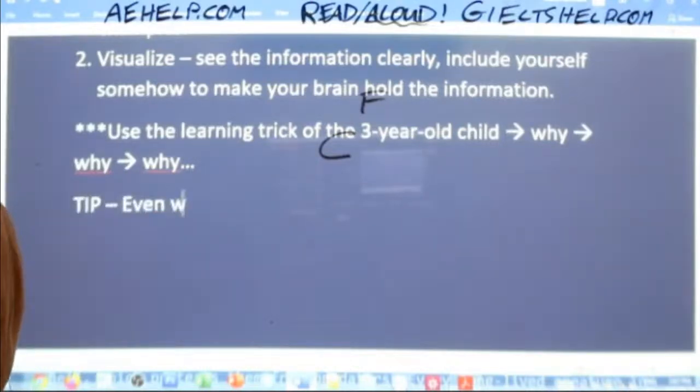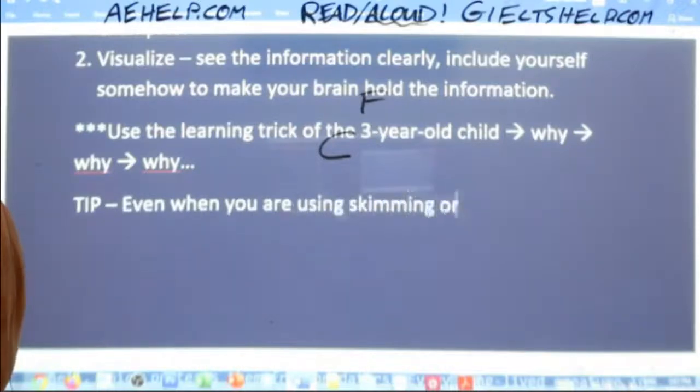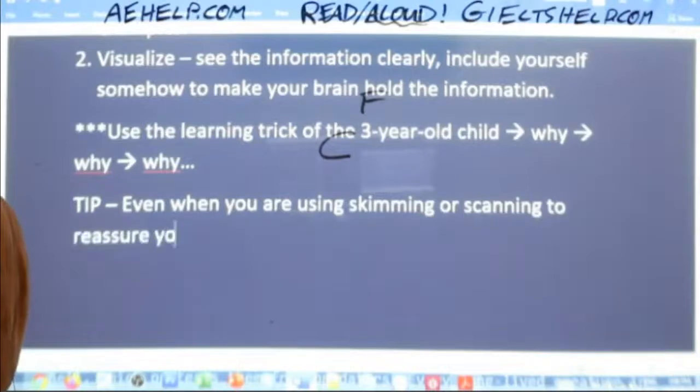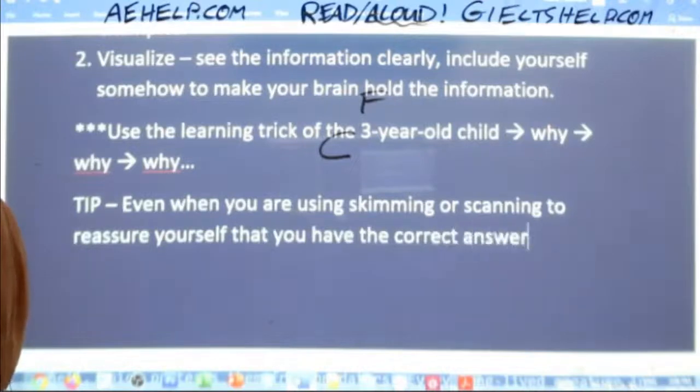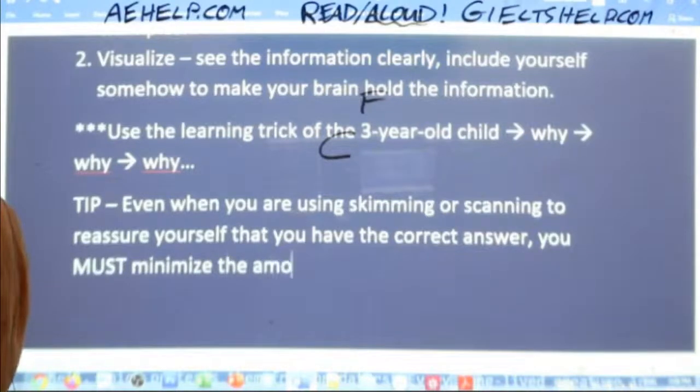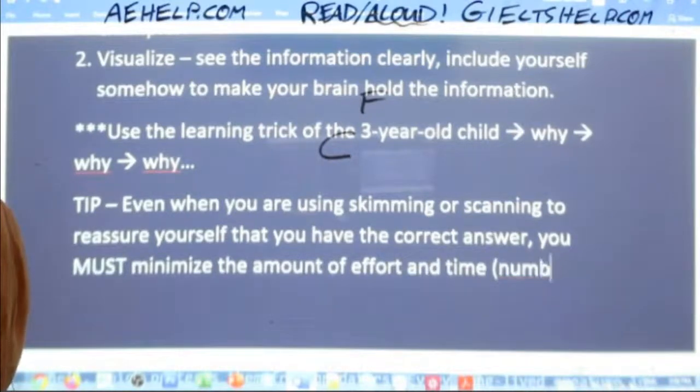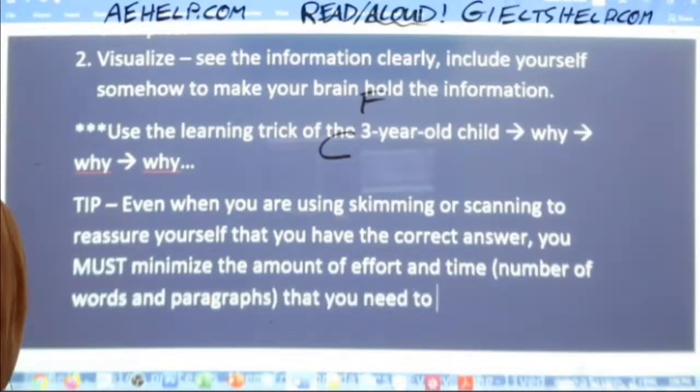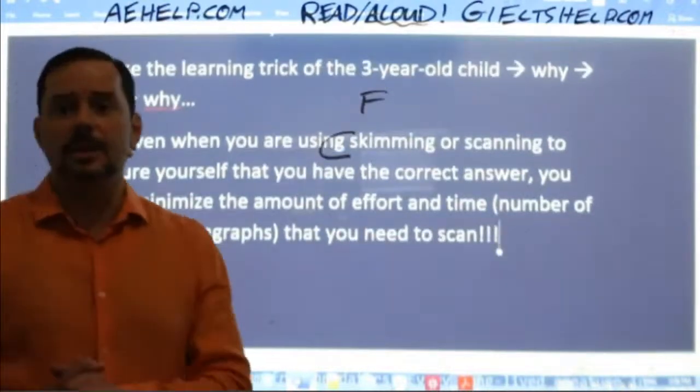Even when you are using skimming or scanning to reassure yourself that you have the correct answer, you must minimize the amount of effort and time, number of words and paragraphs that you need to scan. Okay, that's a really important tip for today, and I just want to make sure that you all got it.